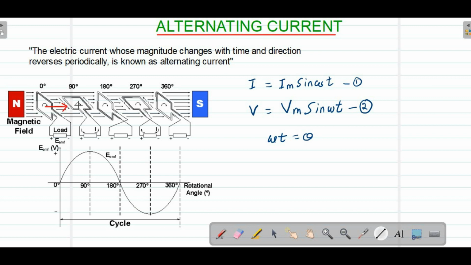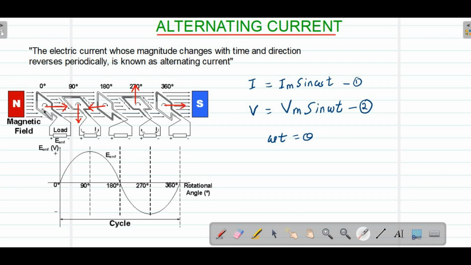Okay, and here it is 90 degrees when it is rotating this way. Here it is opposite, this way, the normal, and here it is upward. Okay, and here it is again in the direction of the magnetic field. So these are the normals to the plane of the coil.